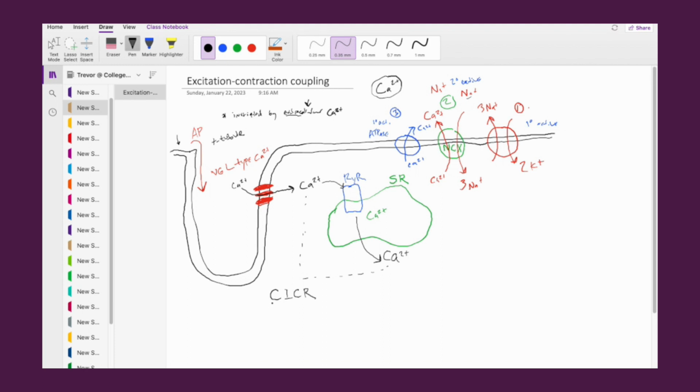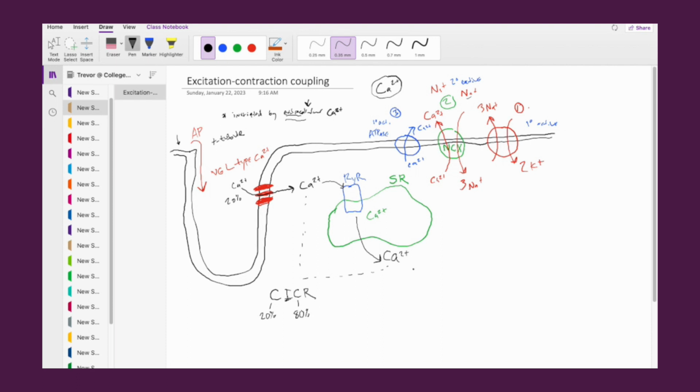And it works out that about 20% of the calcium source is extracellular, coming in here, but it leads to more calcium release from the sarcoplasmic reticulum, 80% of the calcium that is ultimately released that helps with the contraction. Okay? So that is calcium-induced calcium release, a term you should be familiar with. But it is extracellular calcium that kicks off the whole thing.